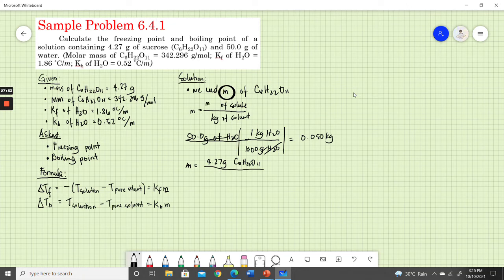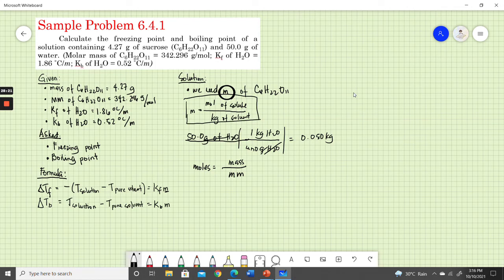This is supposed to be moles. So in order to get the molality, kailangan natin yung moles, not the mass. Okay. So to get the moles of solute, moles of solute is equal to the mass divided by the molar mass. Okay. So let's go back there.